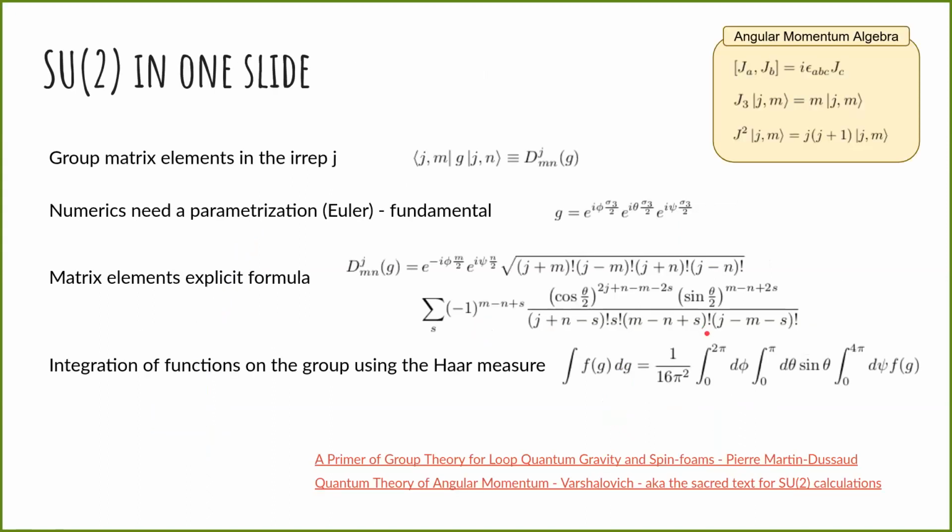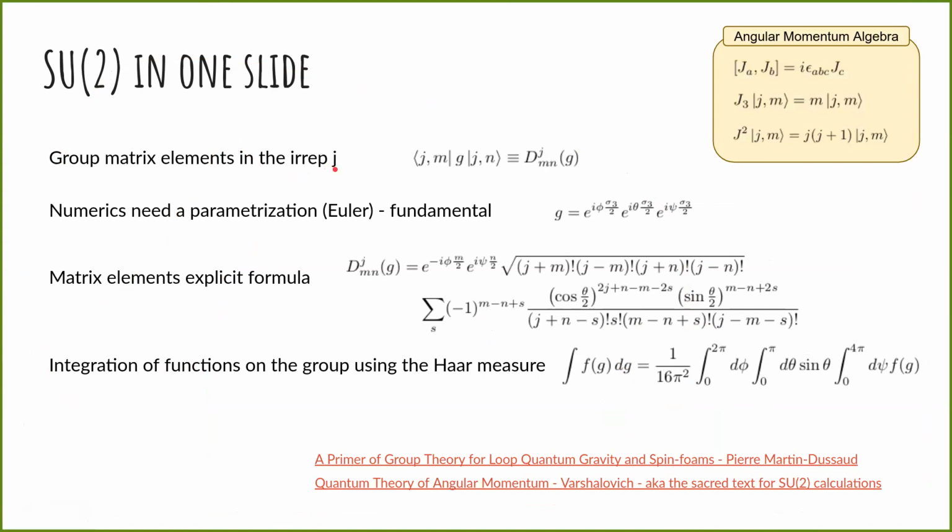So I don't want to insult your intelligence, but I think that especially for people that are not following live, having one slide where SU(2) stuff is summarized is useful. So let me go through it in 30 seconds.